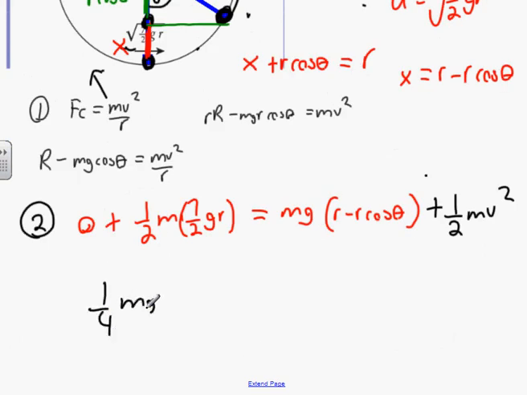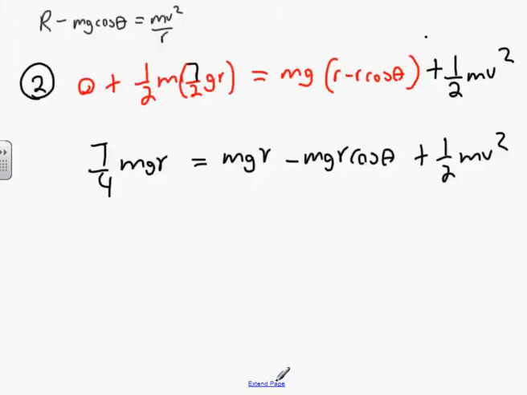A quarter mgr equals... oh it is, sorry, I took that as a 1. 3/4 mgr equals mgr minus mgr cos theta plus a half mv squared. Bring the mgr over your side, it's now going to become 3 over 4 mgr, plus mgr cos theta equals a half mv squared.